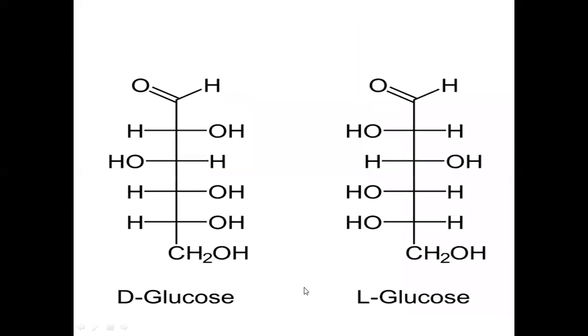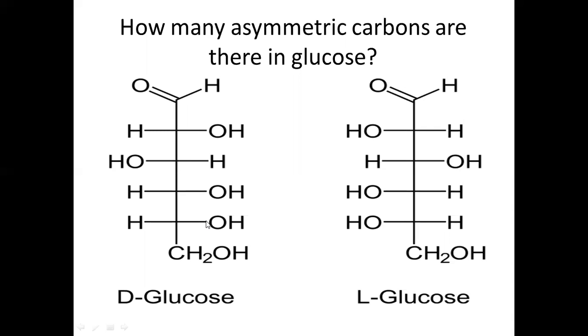Okay. The next question is, so this is the all glucose molecules. In the next question, we are going to deal with the designation of D-glucose and L-glucose. However, the question now is, how many asymmetric carbons are there in glucose? So asymmetric carbons are carbons that are joined to 4 different groups or atoms.